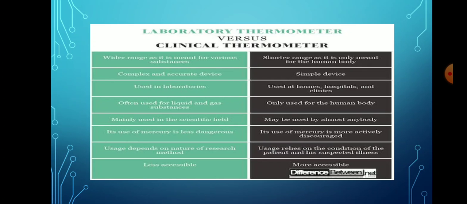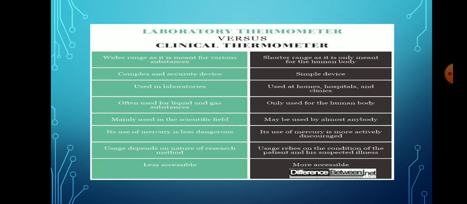Laboratory thermometers are used in the laboratories while doing some experiments or to measure the temperature during the reactions, whereas the clinical thermometers can be used at homes, hospitals and clinics.